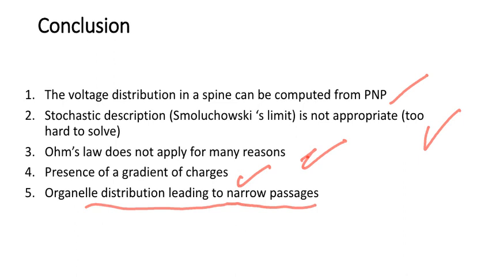So I hope that through this short YouTube, I succeeded to explain the consequence of applying this Poisson-Nernst-Planck equation to understand voltage in the dendritic spine. And in the next YouTube, I'll explain how we have used this to extract from voltage dyes the effective resistance of a dendritic spine.